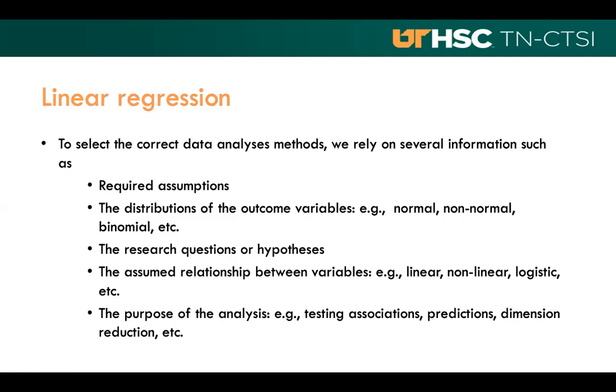We also use a quantile plot. We'll look at that later on to check whether a given data is normally distributed or not. So the distribution of the outcome variable is one of the criteria that helps us determine which statistical analysis method to use to analyze the association between given variables.